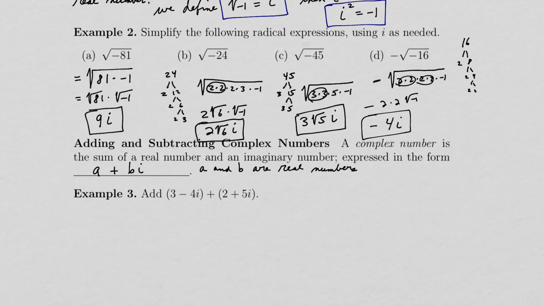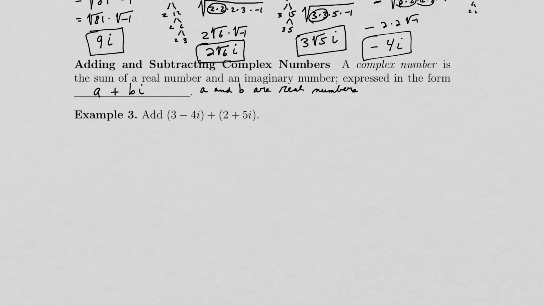All right, so we're only going to do a little bit with complex numbers in this course, but one of the things we may want to do is add complex numbers together, right? So it's actually very straightforward. It's almost what you would think. So to add complex numbers, we first add the real parts.